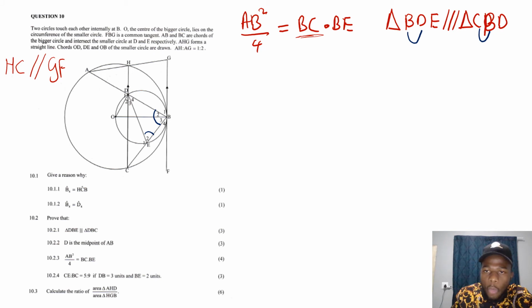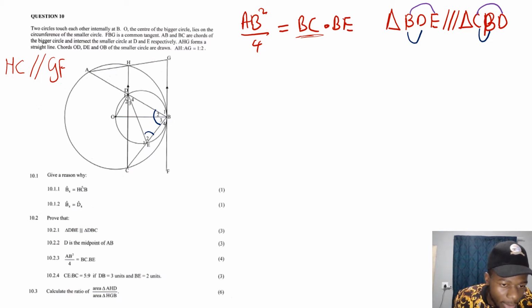Do you see BE? It means in the other side it must be CD. Or am I correct? Yes. Or we can say DC. I think I didn't make a mistake when writing this thing. I have written it in order because if they are not in order, I'm going to have a big problem. But I think I've written everything in order. Is it BE will go with DC, right?